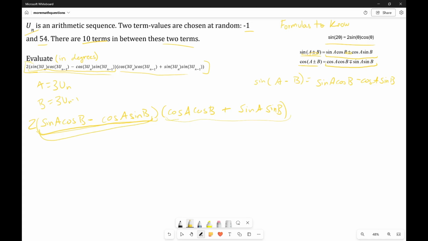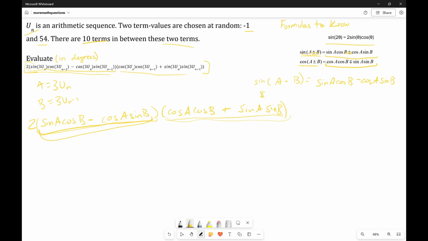But what about this one now? We can see that it's cosine a cosine b plus sine a sine b. So we have cosine a cosine b minus sine a sine b over here, but that's for when you do cos a plus b. When you choose cosine a minus b, it'll become cosine a cosine b plus sine a sine b, which is exactly what we want.